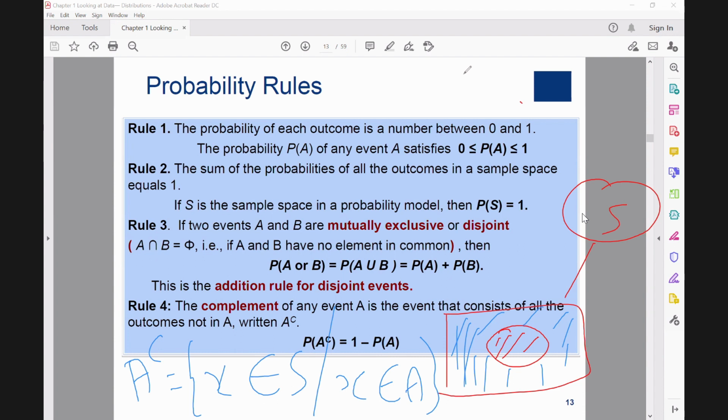X is not an element of A. We have to put all elements of the sample space such that this element is not in A. When the element is not in A, that means the element is in the complement of A.